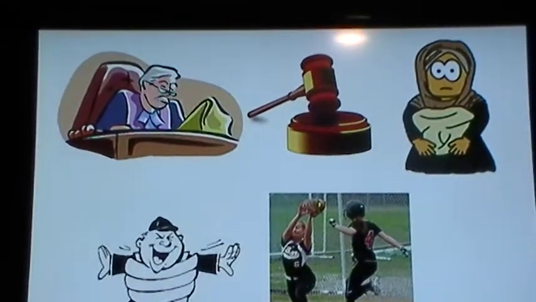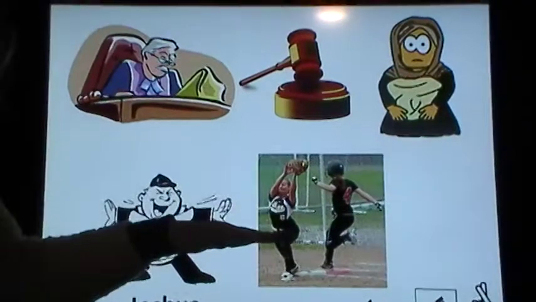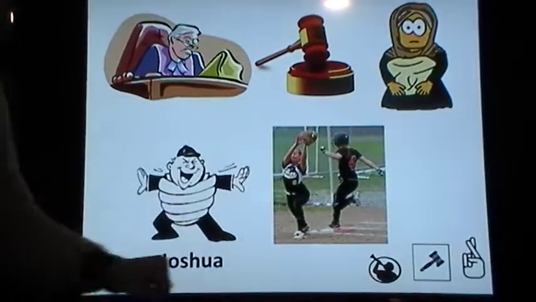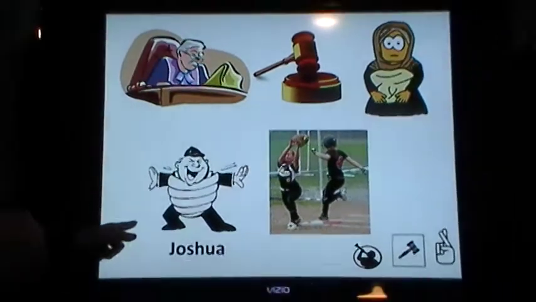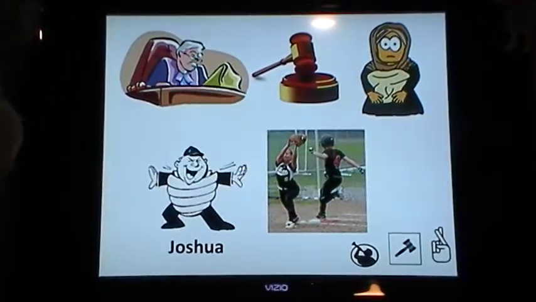And this over here is Ruth. So you can think about our umpire being Joshua. And he's going to judge Ruth as safe. He's going to say that she's safe. Okay? So Joshua judges Ruth. Ruth has made it to the base.